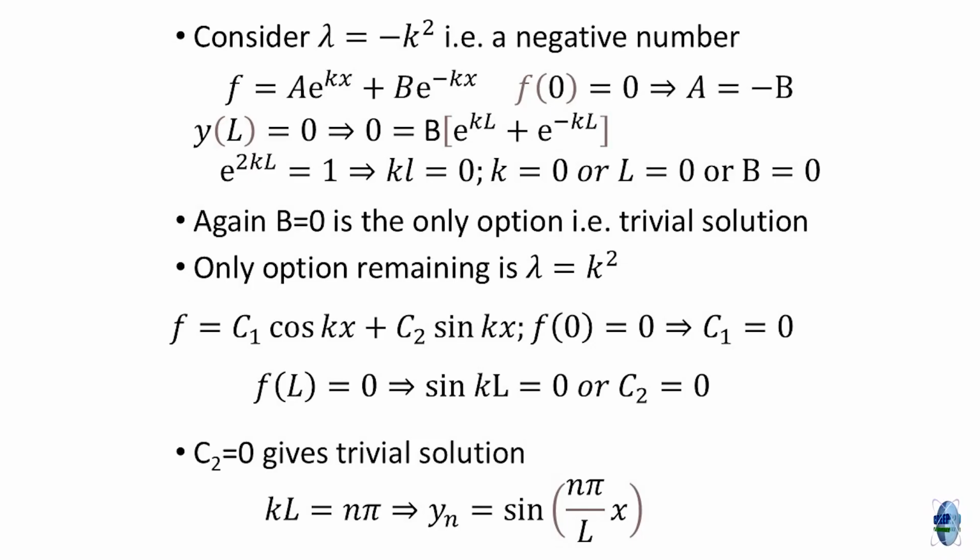The only option remaining was lambda equal to plus k squared, and when you look at this, you get your eigenfunctions as y equal to sine(n pi x / L). This was the same thing that we had in the past. So nothing new, except that we are now saying that whatever we have done in the past falls in this bracket of the Sturm-Liouville system.